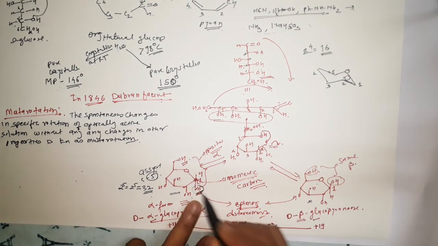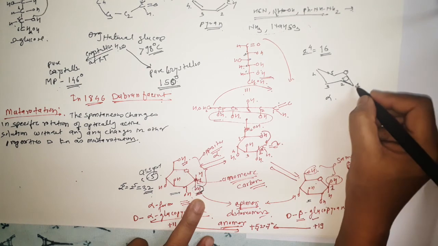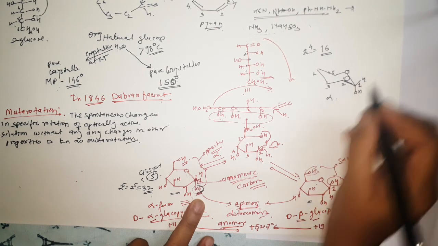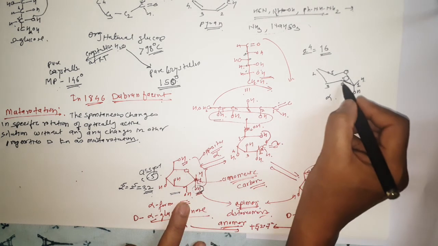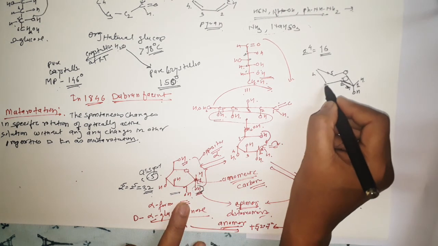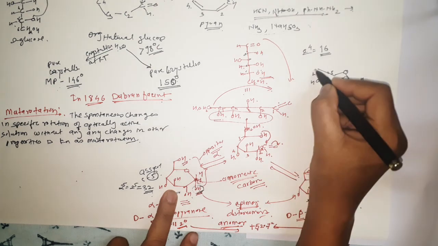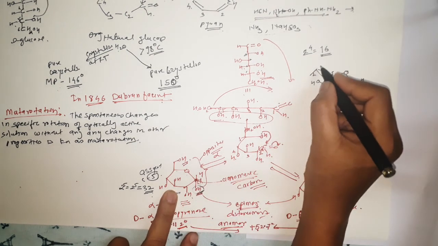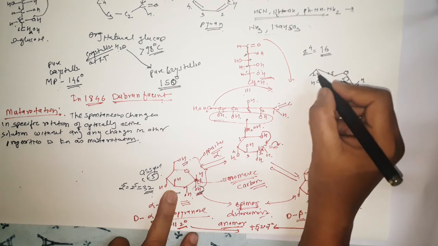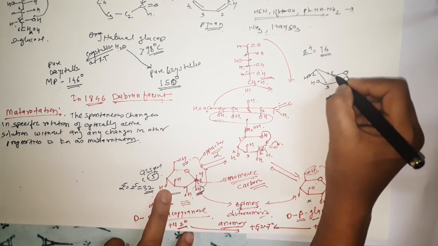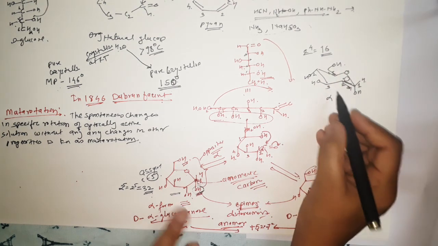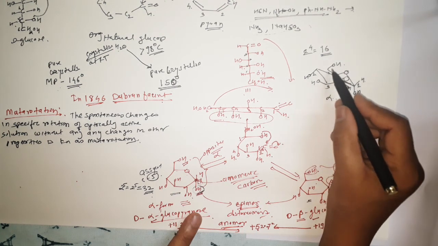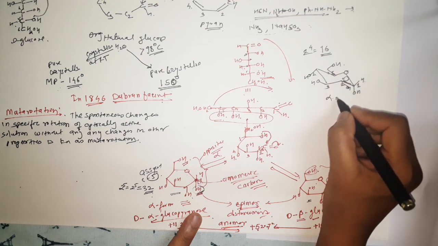So, this is alpha. In alpha you can show an axial OH at C1, here is the equatorial OH. This is down, that means an equatorial OH. This is again up, equatorial OH. Here is C5, again up, that means C4 is an equatorial OH, and C5 again equatorial. So, what you observe in alpha is that C2, C3, C4, C5 all have equatorial OH.